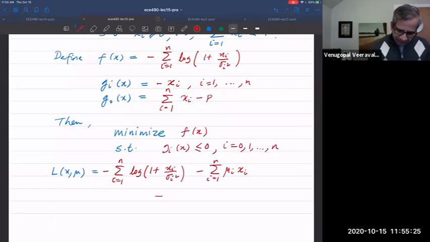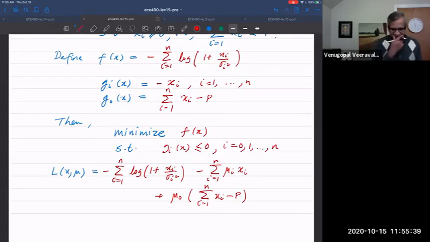And then I have what's called the last one, mu zero, corresponding to the constraint that the sum has to be less than P. So that's my Lagrangian.